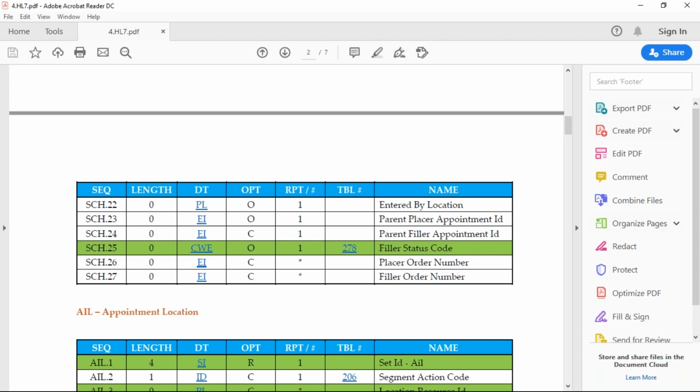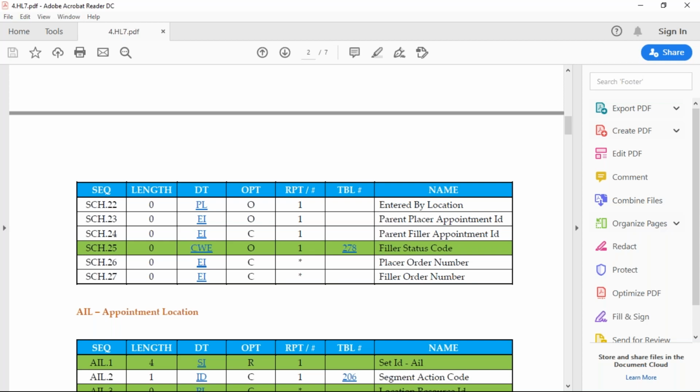Whenever we want to modify an existing appointment, we will be sending an SIU S14, or if we are canceling an appointment, we will be sending SIU S15. So these are three different scenarios where we generate different kinds of appointment messages.